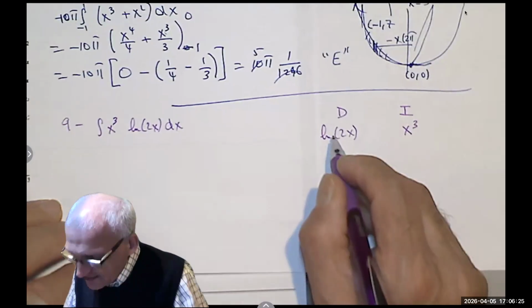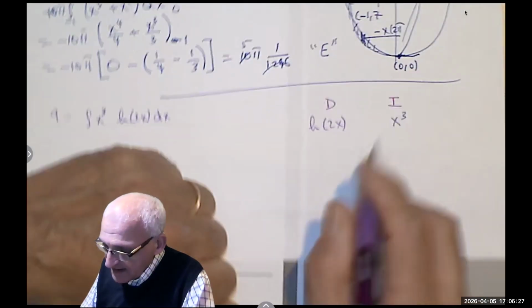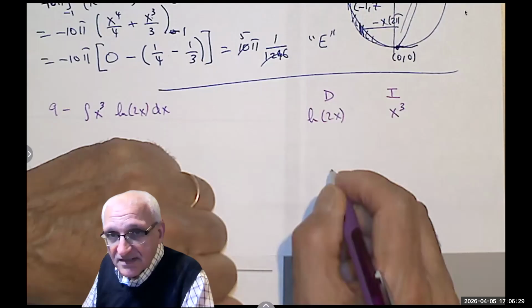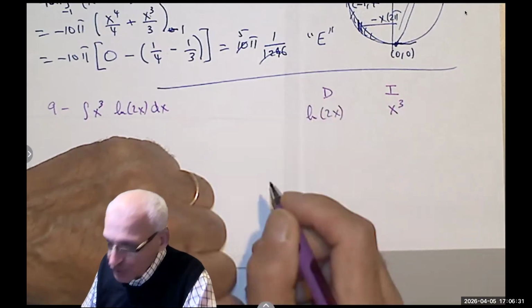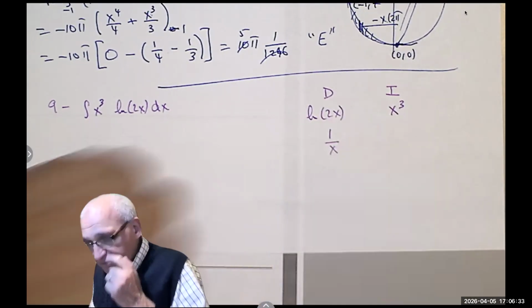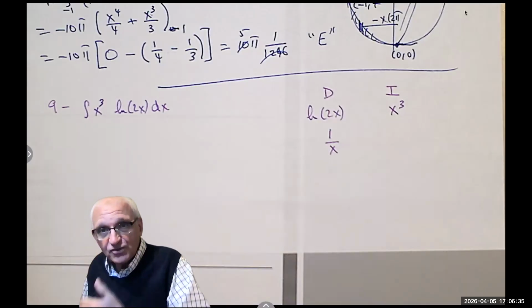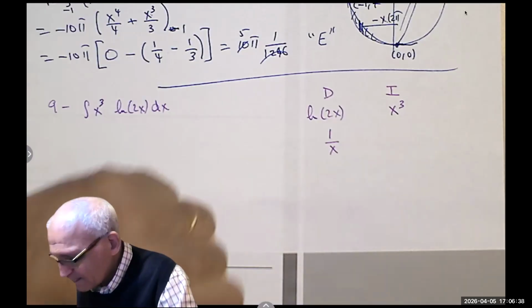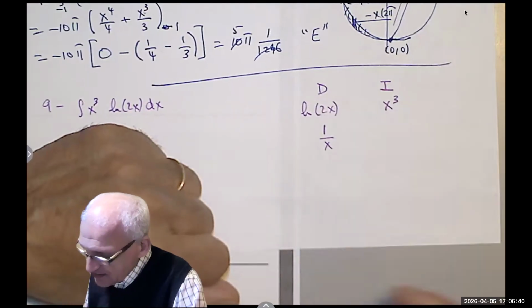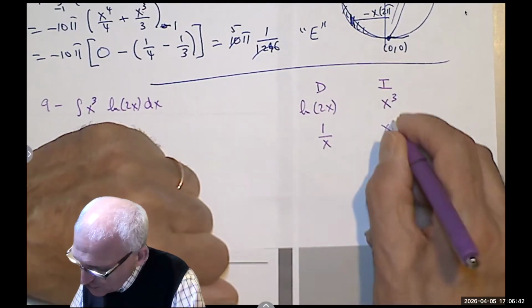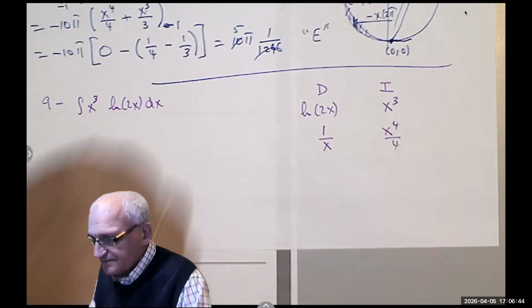When I take the derivative of natural log of 2x, it's 1 over 2x times the derivative of 2x, which is 2. So you'll get 1 over x, right? It's 1 over 2x times 2. You can write it and then substitute. This is x to the 4 over 4.